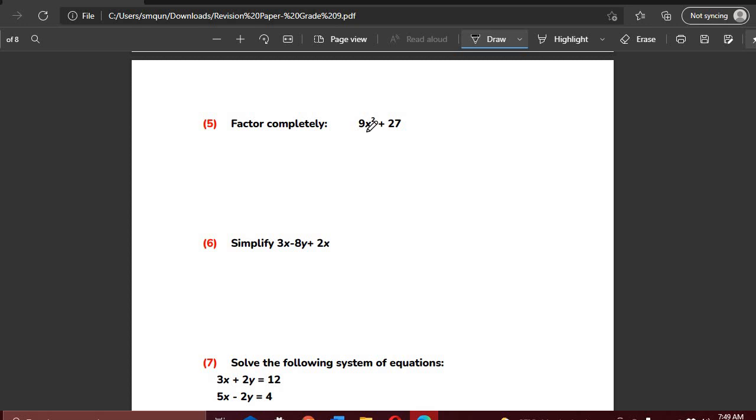Okay, to find the HCF, all we have to do is write each coefficient as a product of its prime factors. So I'm going to start with the first term, and I'm going to write that coefficient as a product of its prime factors. So that would be 3 times 3. Then any variables with powers that you have, you're going to write that in expanded form.